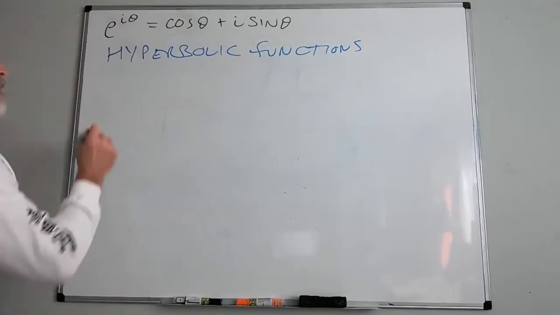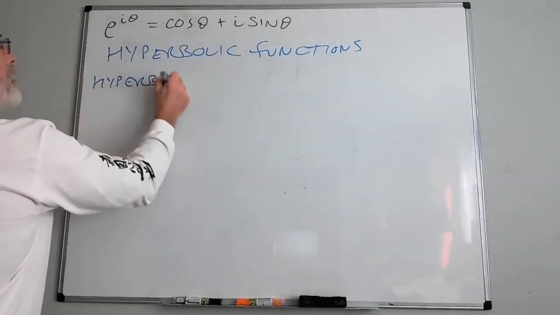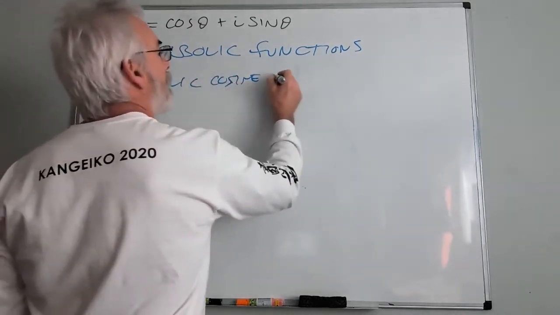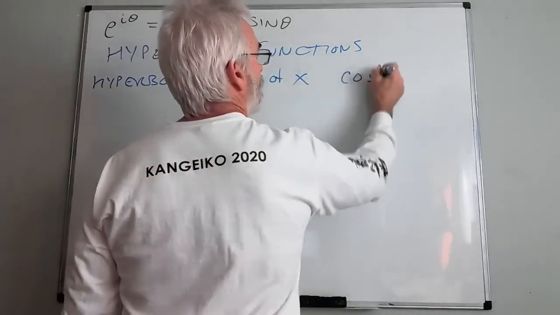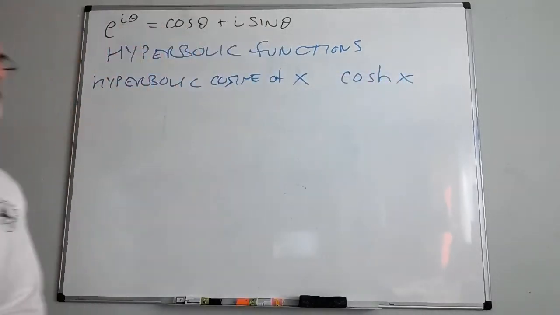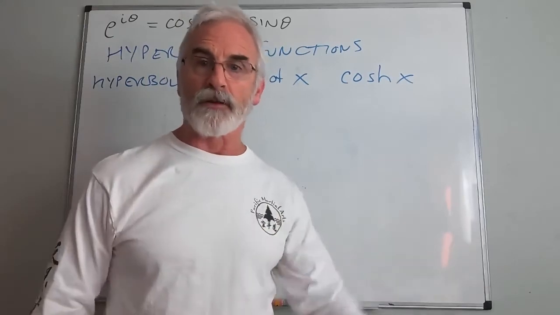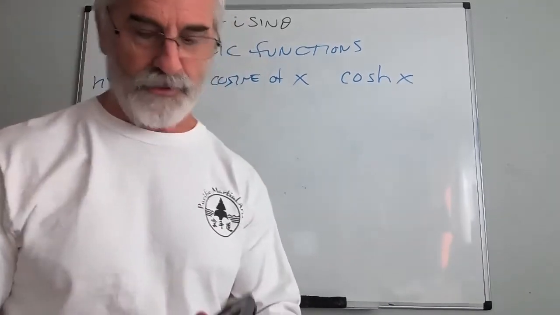Okay, it starts with the hyperbolic cosine of x. I'll write it like that. Now, a lot of you have seen that before, the cosh. It's hyperbolic cosine. That's what it means. You all have a key, even on a cheap calculator. See the HYP?